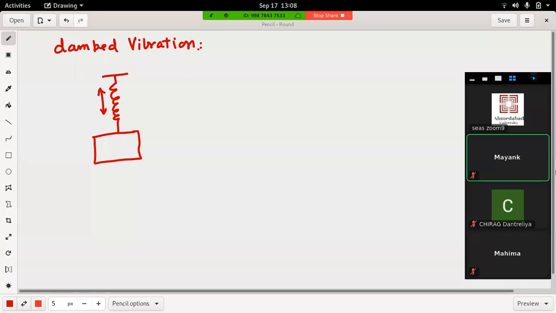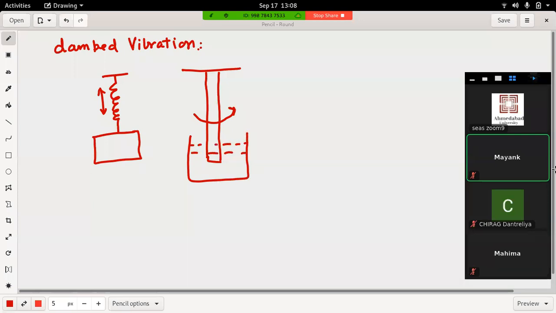So in this experiment, we will study the damping coefficient of a media actually. You will see there is a shaft, and this shaft is given some oscillatory motion while a certain part of the shaft is kept in some media.